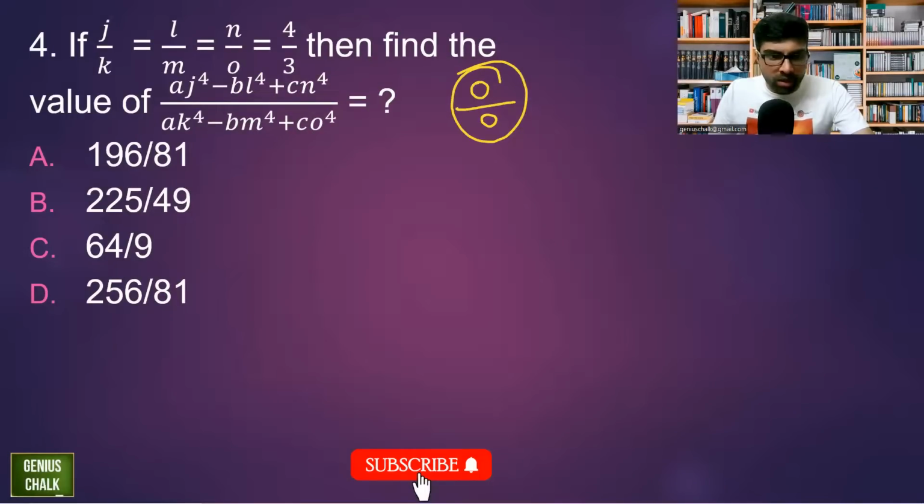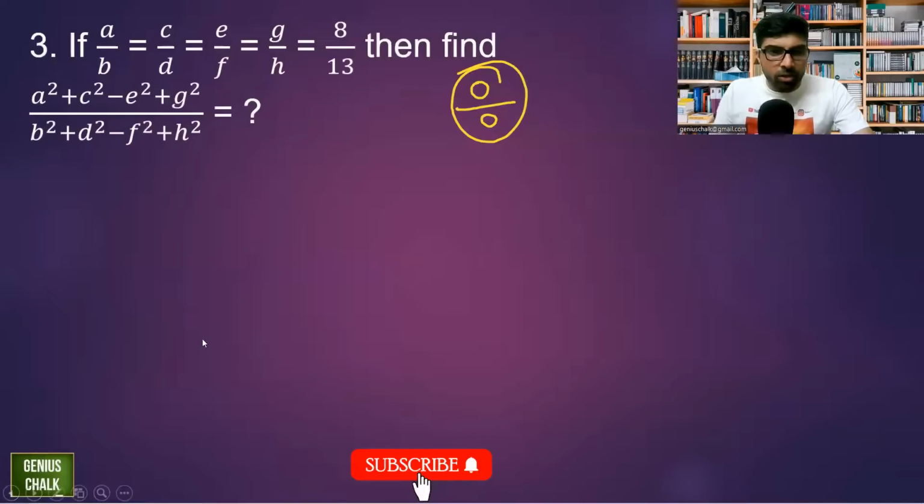The question will be framed in such a manner that you do not get 0 by 0 form. Like in the previous questions we have solved, it was not coming out to be 0 by 0 form, because it is undefined. We can't define it, right? That's why I have not taken minus here. If I could have taken minus, it could be like 8 square plus 8 square minus 8 square minus 8 square.